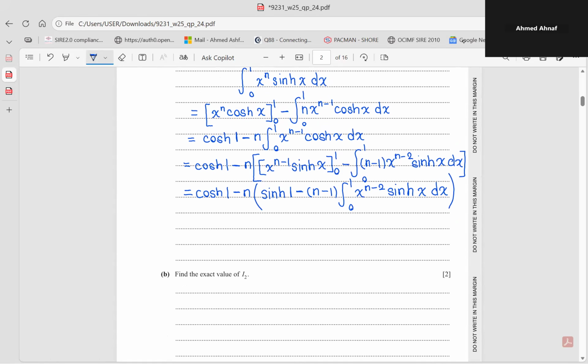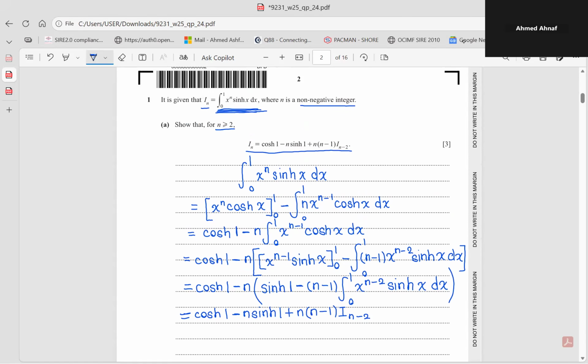Let's just expand everything out. So we get minus cos 1 plus n sin 1 minus n times n minus 1 times this integral, which is I subscript n minus 2.